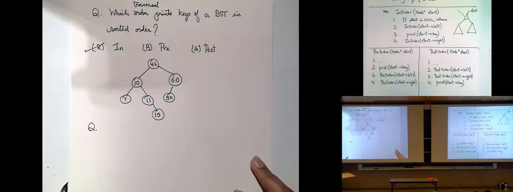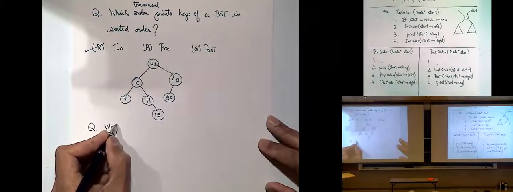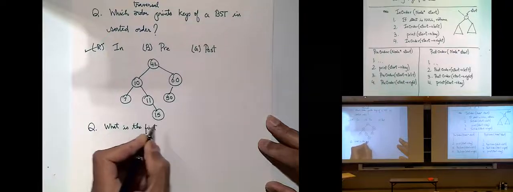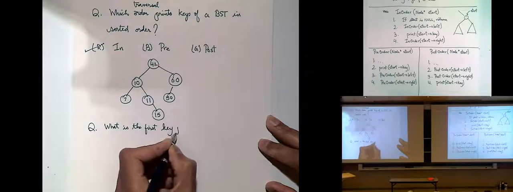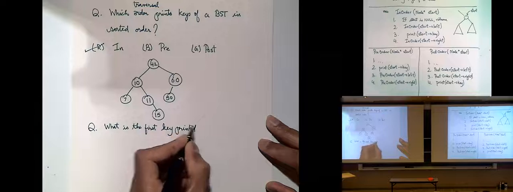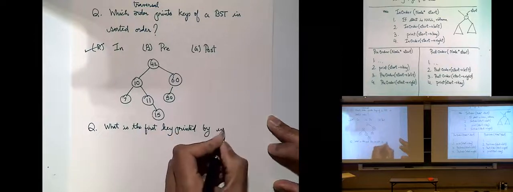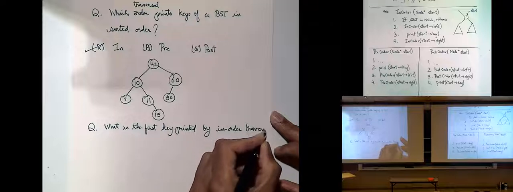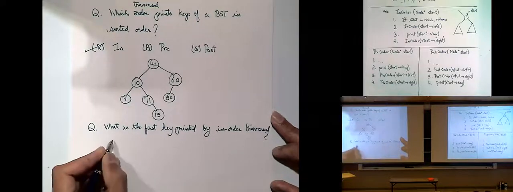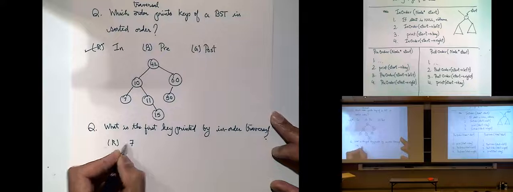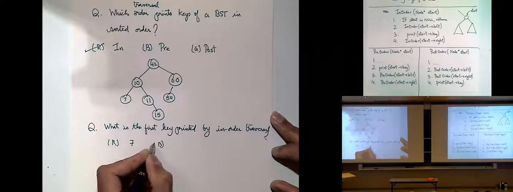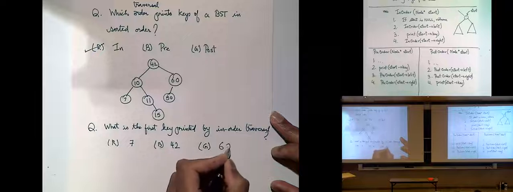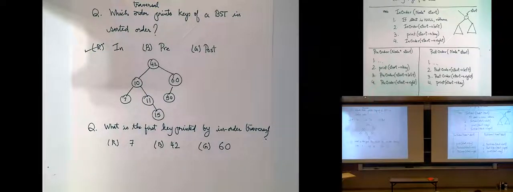Question. What is the first key printed by the in-order traversal? Is it 7? Is it 42? Is it 60? Give you a minute to answer this question.